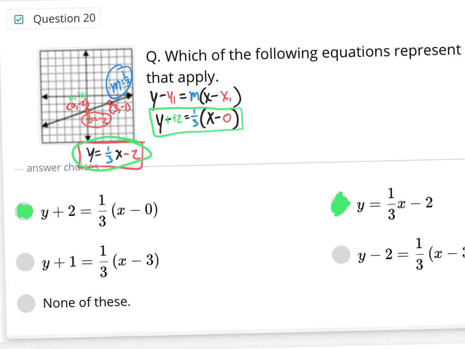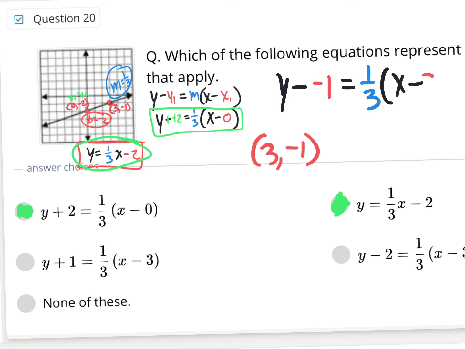And you know what? We did use the first point. Maybe we could use the second point and see if it's there. That will be y minus y1. But in this case, let's use the point 3, negative 1. So instead of the point 0, negative 2, let's try to use the second point. So y minus the y1, which in this case is negative 1, equals m, the m is always going to be the same, doesn't matter which form you use, parenthesis x minus x1, which is 3.